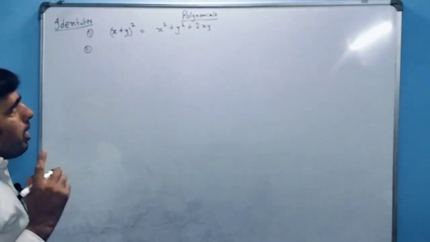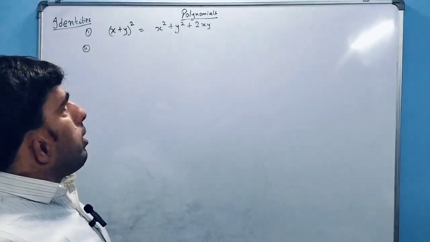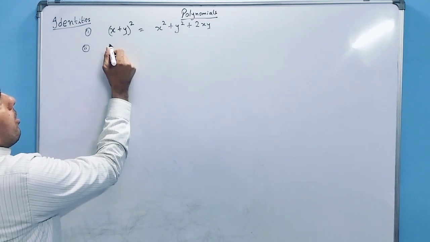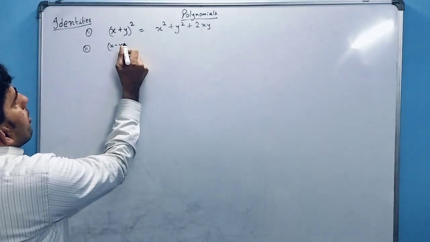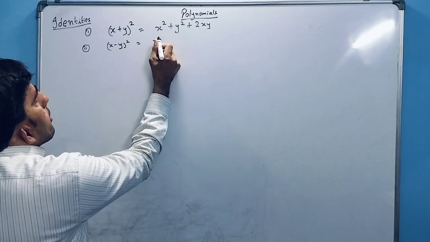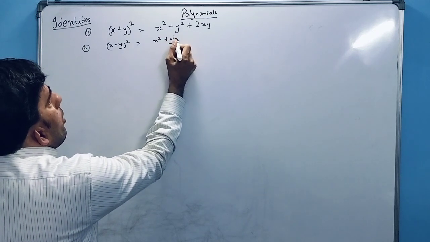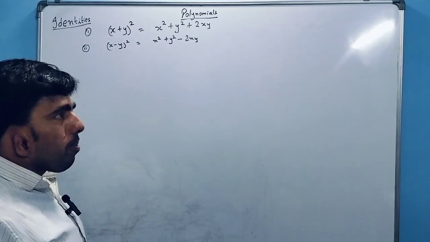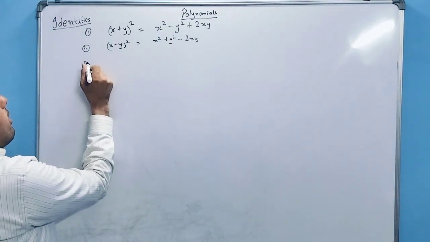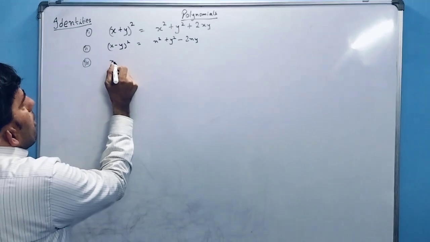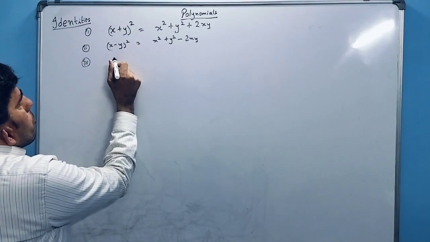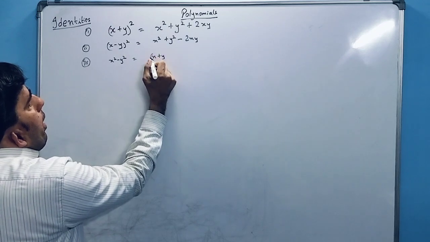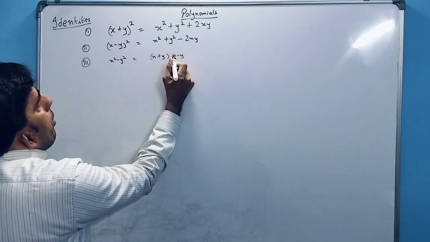So the first one is (x plus y) whole square, that is x square plus y square plus 2xy. The second one is (x minus y) whole square, that is x square plus y square minus 2xy. Now the third identity is x square minus y square, that is (x plus y) times (x minus y).